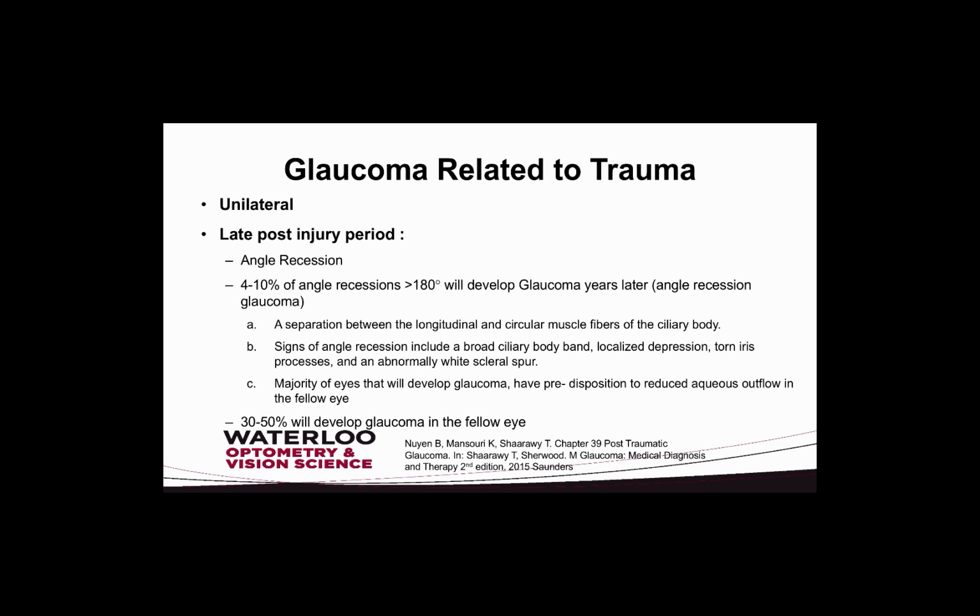And that's shown by the development of glaucoma in the fellow eye. So if you see angle recession glaucoma in one eye, it's important to pay attention to the other eye because they are at higher risk of getting glaucoma in the other eye. And in that case, it would just be a regular primary open angle glaucoma.